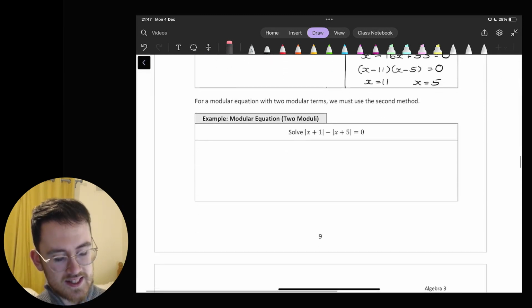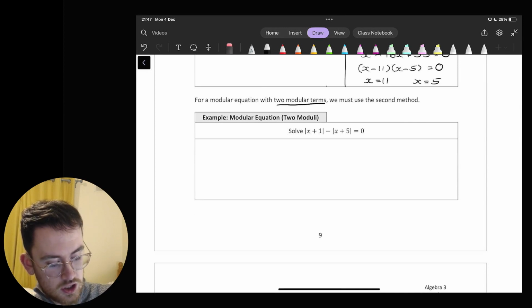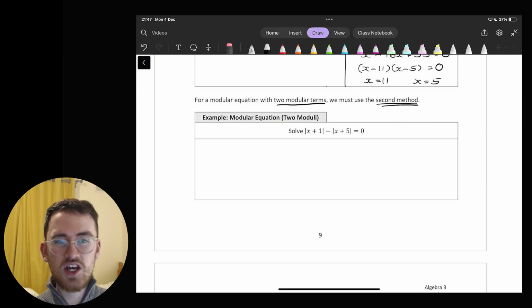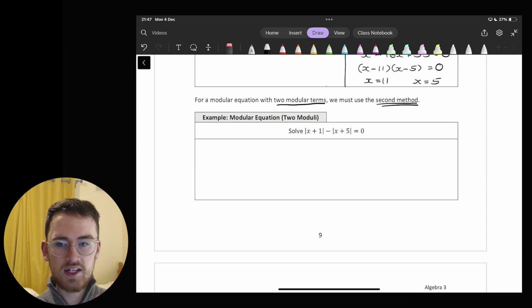So looking at the second one now, when we have two modulus, or moduli if you like, when we have two modular terms, we have to use the second method, and the second method was to square both sides. So when we have two of the modulus there, we actually can't just say that it's equal to the positive, or that it's equal to the negative part, because that's going to get too confusing.